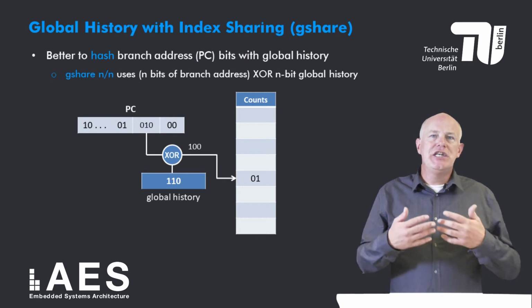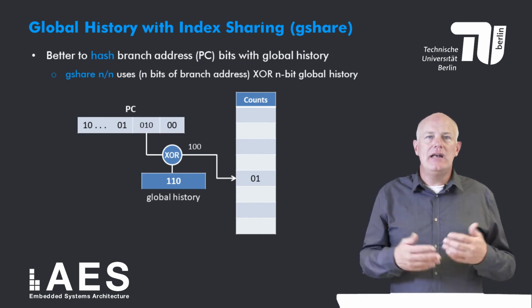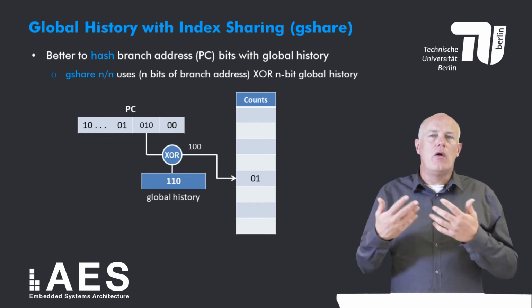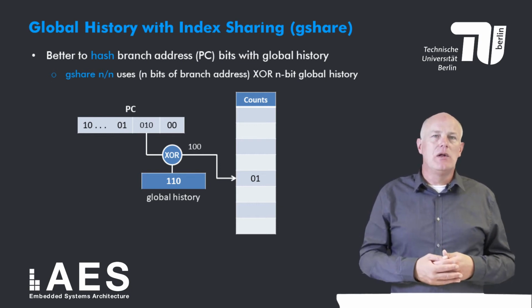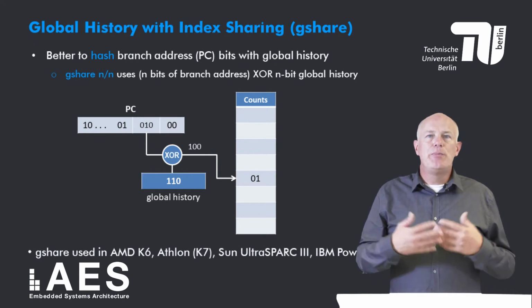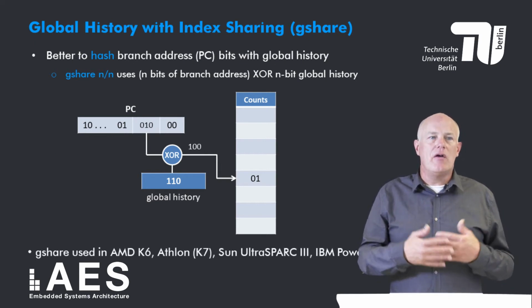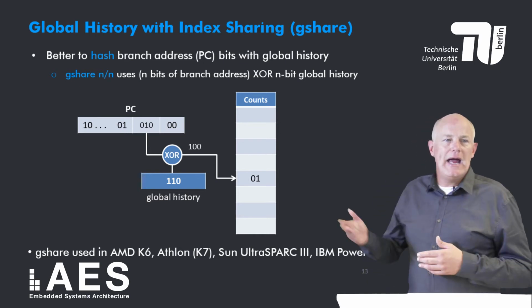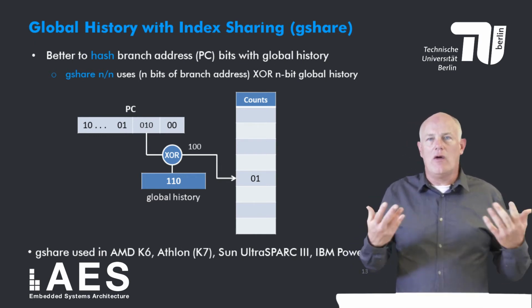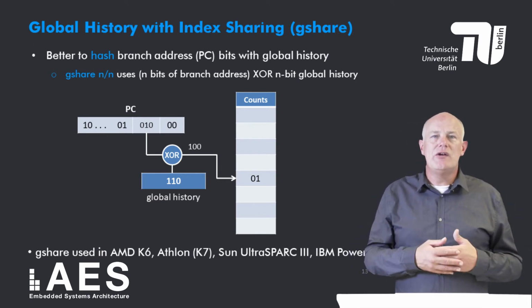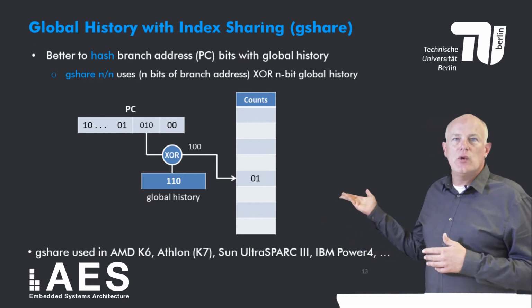In particular, gshare n/n uses the exclusive OR of n bits from the PC or branch address and an n-bit global history. Suppose, for instance, that the PC bits are 010 and that the global history is 110, as in this example. These 3-bit sequences are XORed, and the result, 100 in this case, is used to index the table of counts.